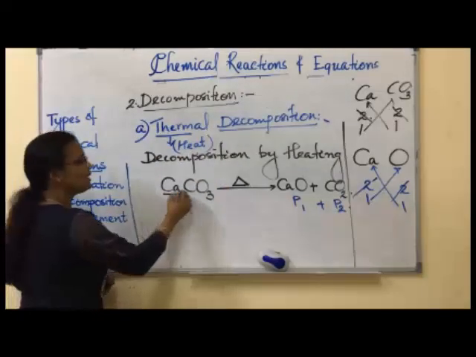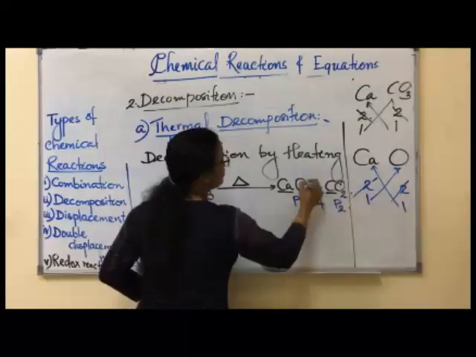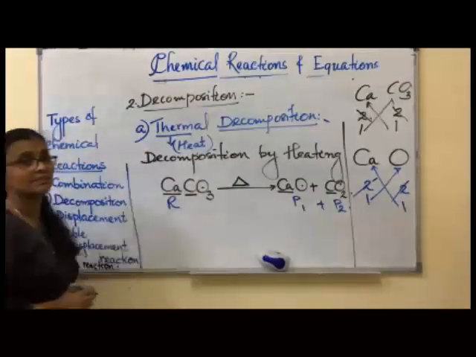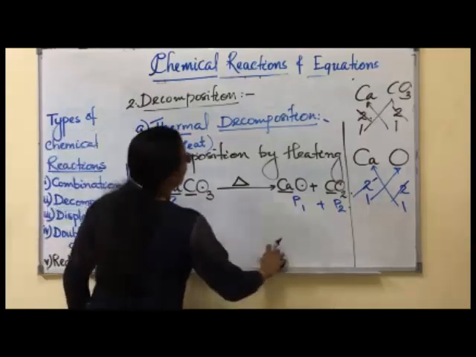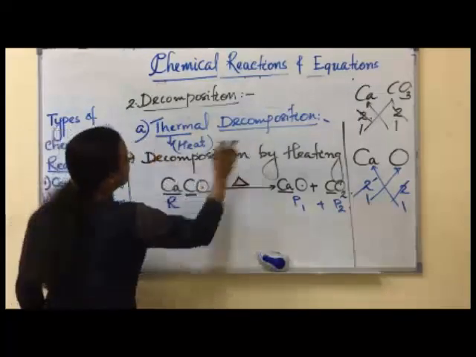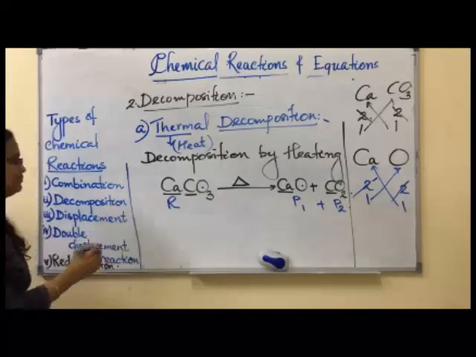Here calcium is 1, calcium is 1, carbon is 1, carbon is 1, oxygen 2 plus 1 is 3, here also 3. It is a balanced chemical equation. So this is an example of a thermal decomposition reaction. Decomposition by heating can be termed a thermal decomposition reaction.